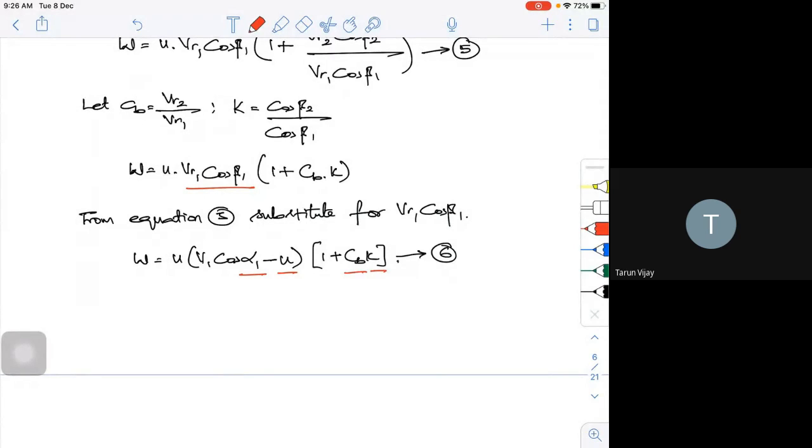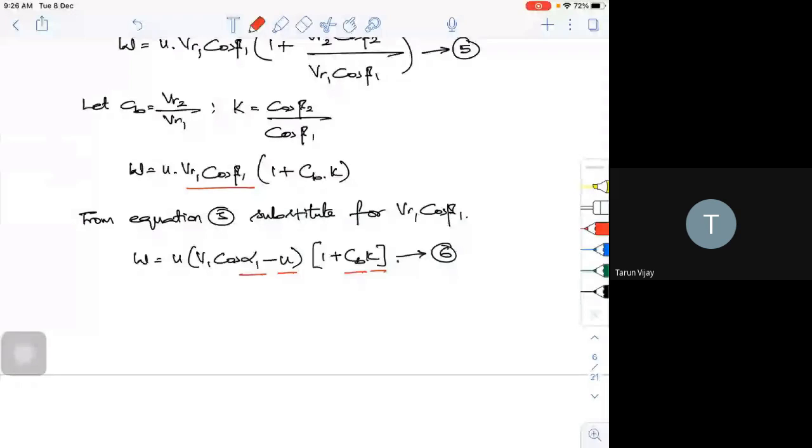That means your work W depends on these parameters. If I keep my alpha constant, or keep my U speed constant, or if I keep my beta constant, automatically your relative velocity will become constant. So how can I maximize it?